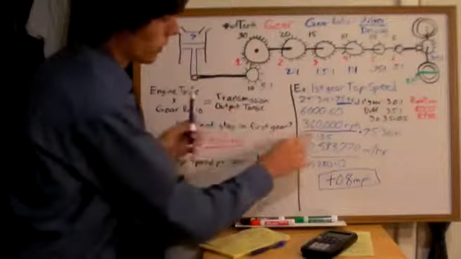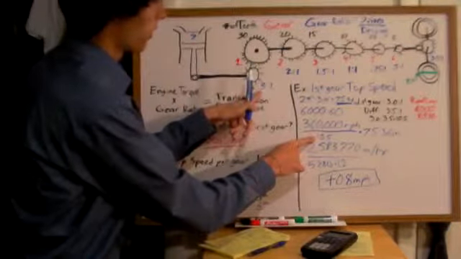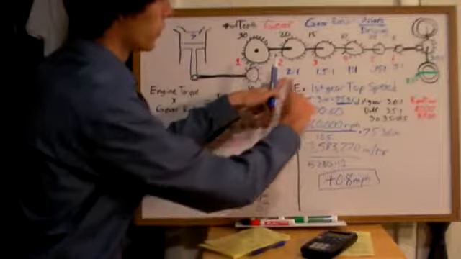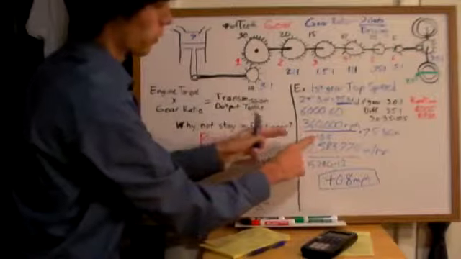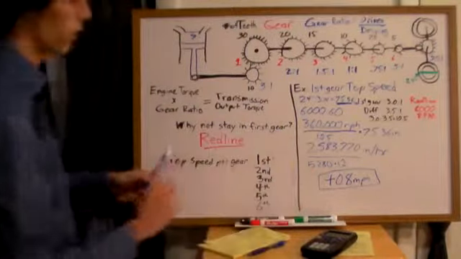By reducing this number right here, for instance, we've got a 3-to-1 times 3.5. Well, if we had a 2-to-1, 2 times 3.5, this would be replaced with a 7. This will make this a greater number, making this speed right here a greater number.